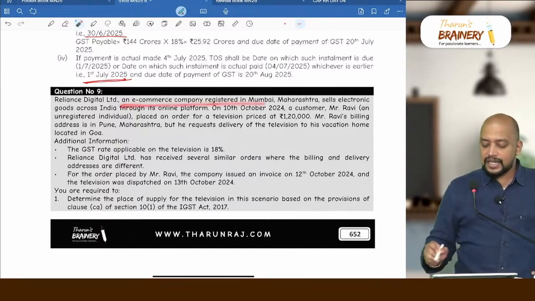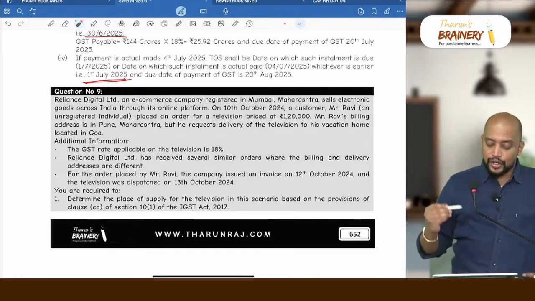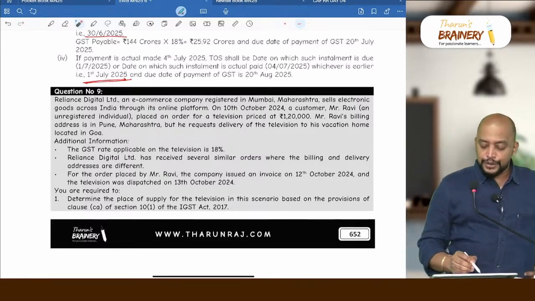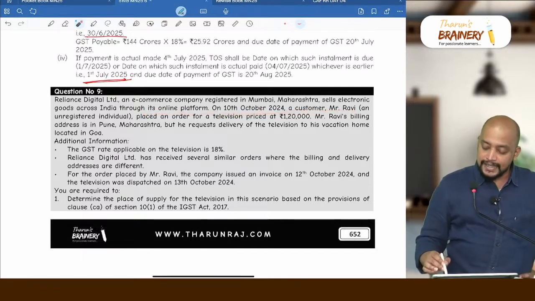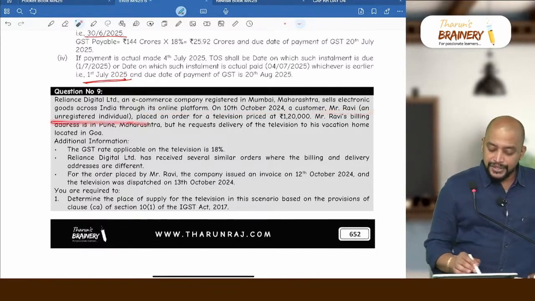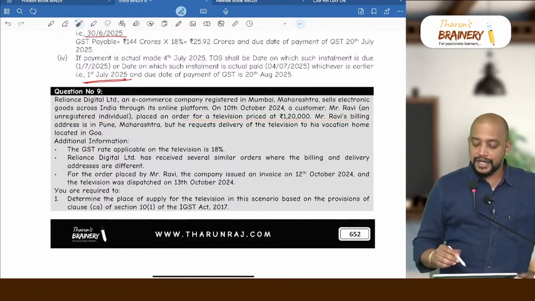Reliance Digital Limited, an e-commerce company registered in Mumbai, Maharashtra, sells electronic goods across India through its online platform. On 10th October 2024, a customer, Mr. Ravi, an unregistered individual, placed an order for a television priced at 1,20,000.